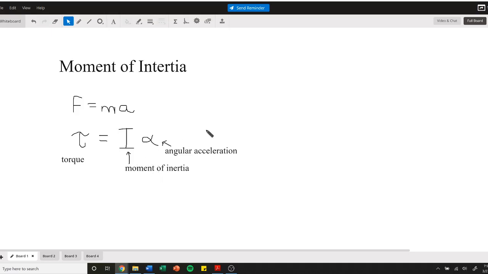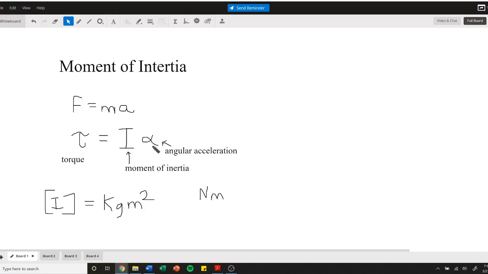You might wonder what the units are on the moment of inertia. Units for a moment of inertia are kilograms times meters squared. We can find that from the equation. Torque is Newton meters divided by angular acceleration.